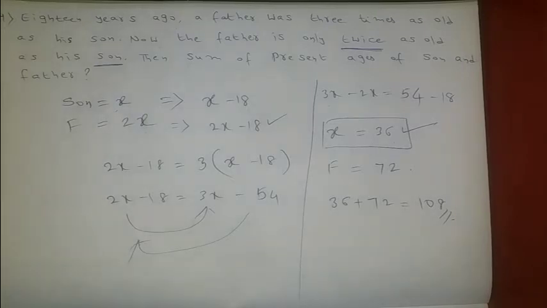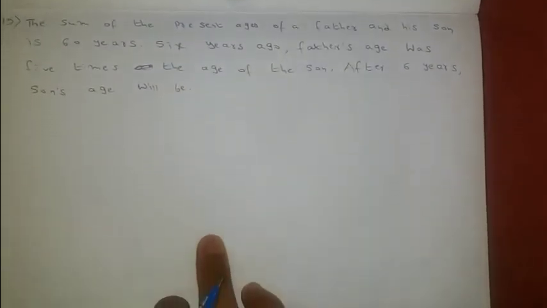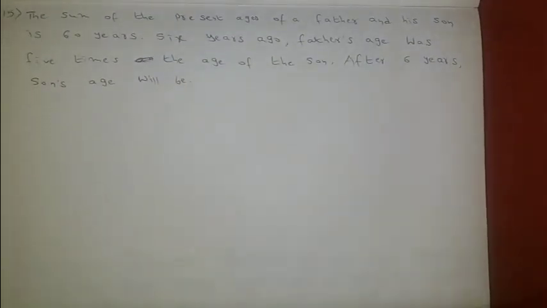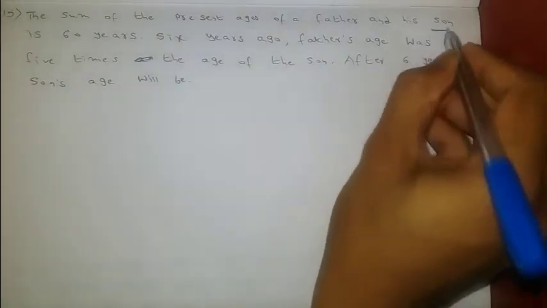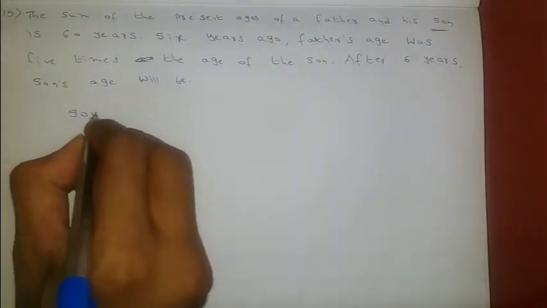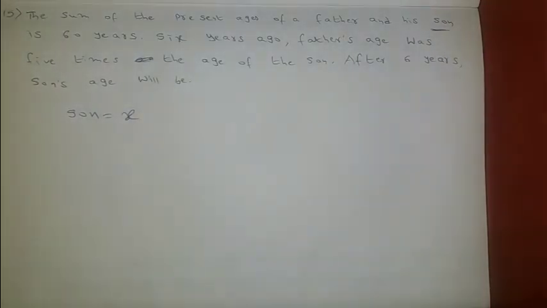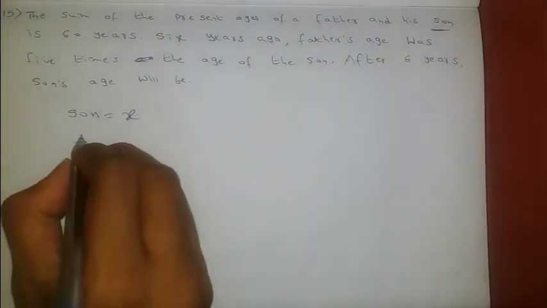Okay, let's move to the next question. The sum of the present ages of a father and his son is 60 years. Son is the last word, so I am taking that son as x. Then what about the father's age?